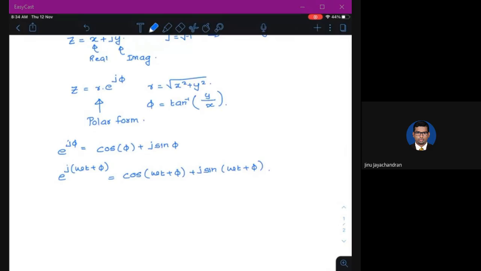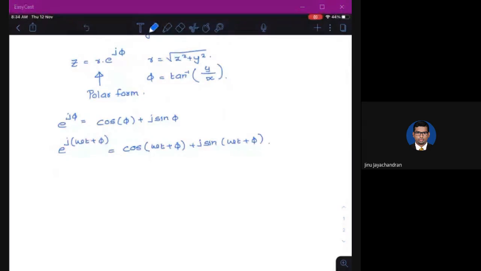Now all the voltages and currents that we regularly see in our circuits, which are basically the AC values, have the form, for example, I can represent the current as some I0 cos of omega t plus phi. Similarly, the voltage also.